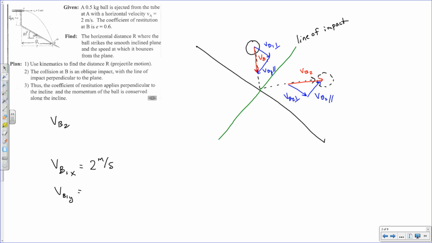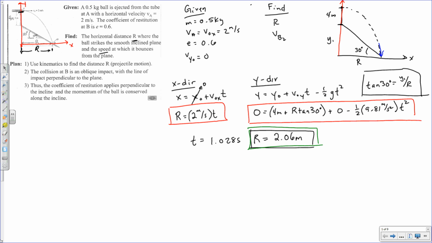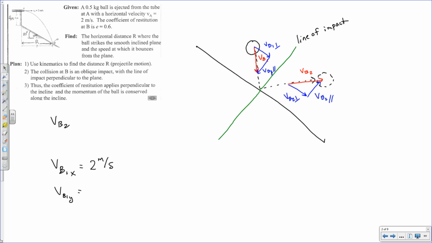We know the time of flight, 1.028 seconds. We solved for that previously. So knowing the time of flight, I can determine the y component of its velocity as it approaches B. VB1y is going to be equal to its initial velocity minus gt.